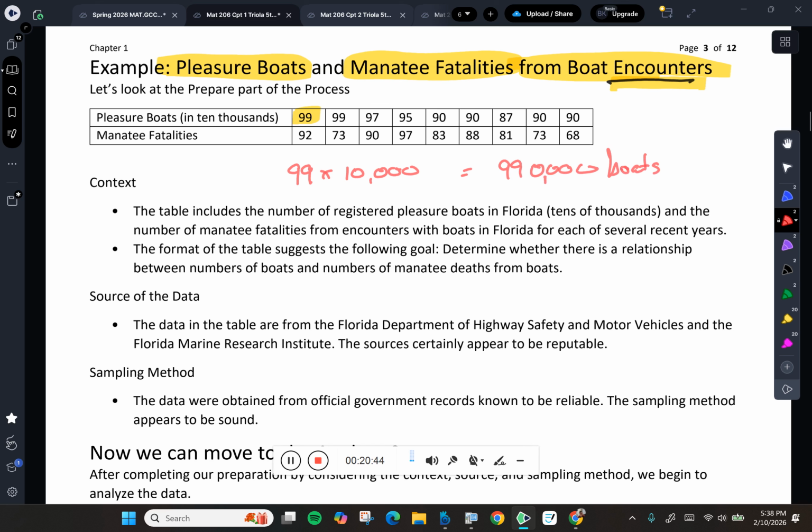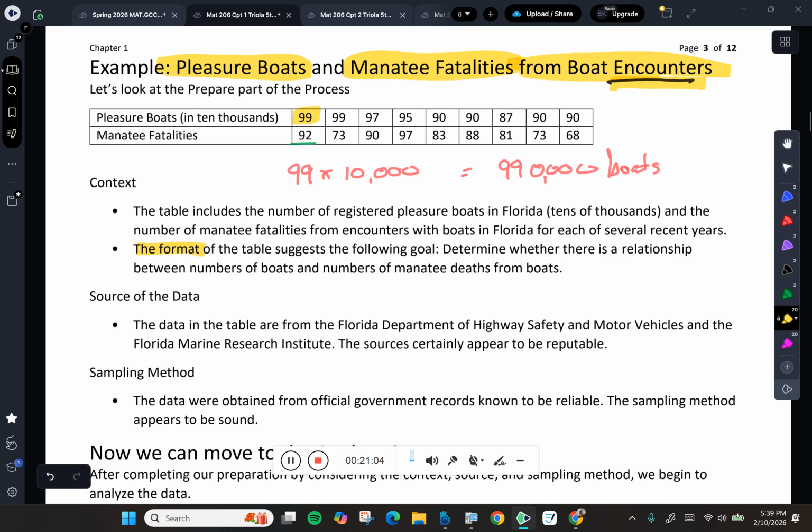So since they're measured in 10,000s, you multiply by 10,000 to get the actual number, right? And then below that we have manatee fatalities, and the manatee fatalities are just in units, so that 92 there does mean 92, right?